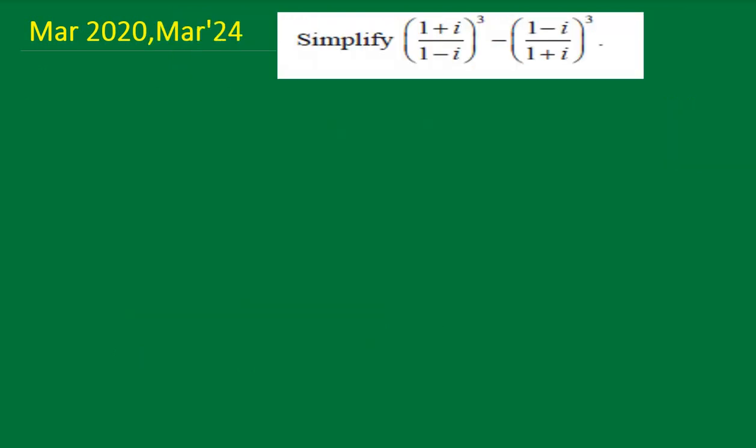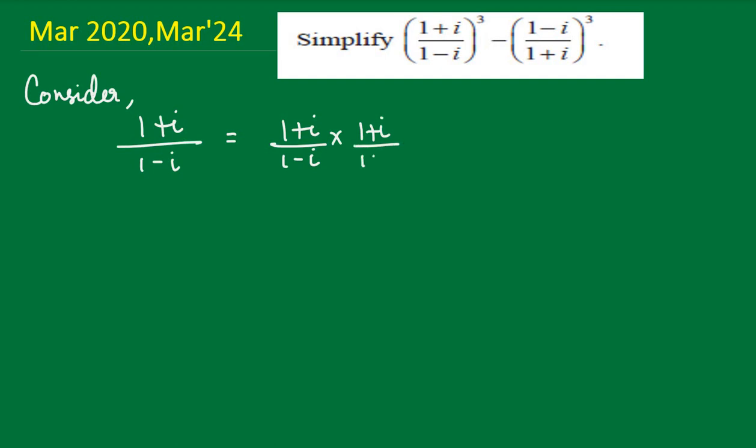The next question, simplify. A term is given. So first we consider the first term of the given question, that is (1+i)/(1-i). We simplify first. Take the conjugate of the denominator, so multiply by (1+i)/(1+i), which gives 1 into 1 is 1, plus i plus i plus i squared, divided by 1 square minus i squared.